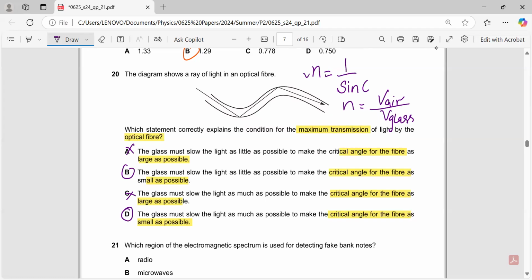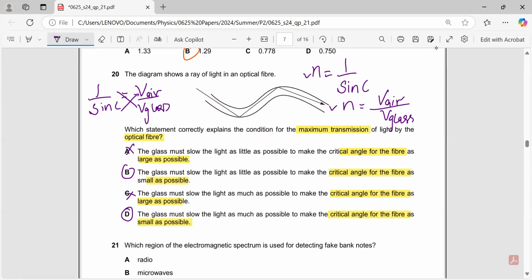When we equate these two equations, we have 1 over sine C equals V in air over V in glass. I'm just going to rearrange this equation, and you will see from here, even if we are not rearranging it, that sine C is directly proportional to V in glass medium.